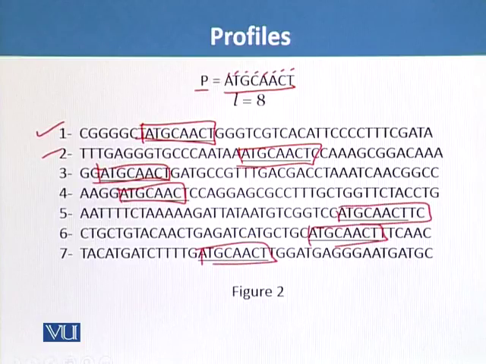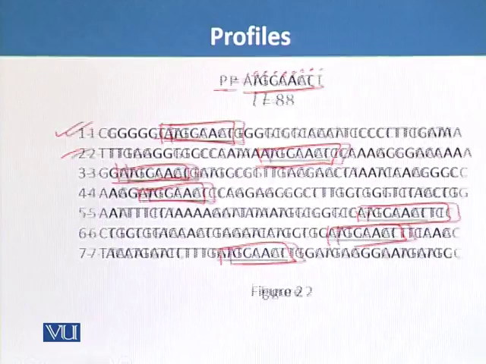So we know the location of this pattern within the 7 sequences of DNA. But the problem is, if we do not know the location of this pattern, how can we find it within the sequences of DNA? The answer is very simple. We will simply count. We will see in the next slide.